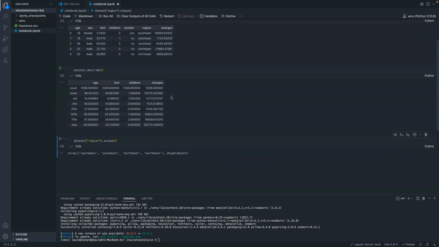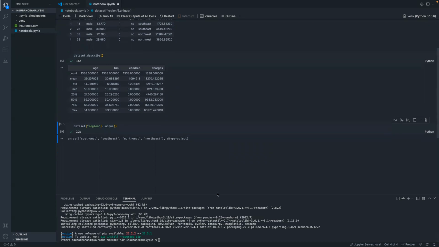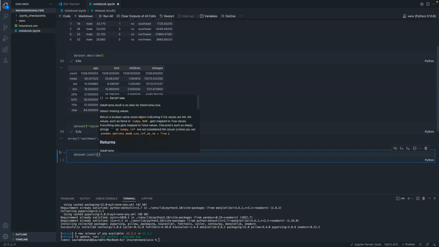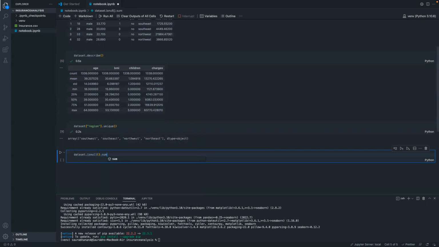So what we are trying to do is, we had a look at categorical features, and one more thing we can do here is check if there are any null values in our data set. For that, there's an isnull command that Pandas provides, and we're just going to see if there are any null values in the data set.